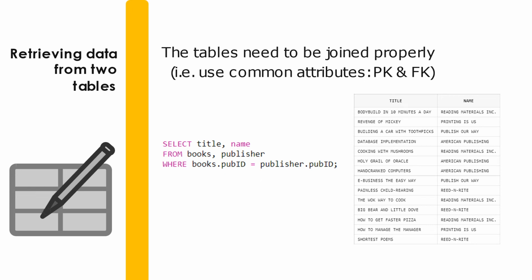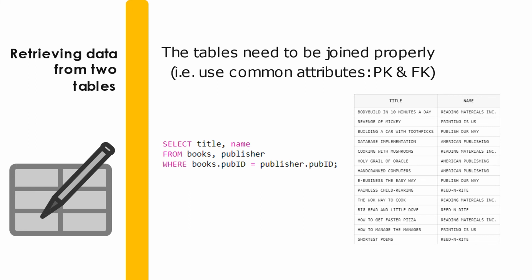To retrieve data from two tables, we would have to join them and use the common attributes, the primary key and the foreign key. For example, if we would like to get the title of the book alongside the name of the publisher, we would have to get the title from the books table and the name from the publisher table. As we can see from our from statement, we have the books, comma, the publisher, the two tables that we would like to join.